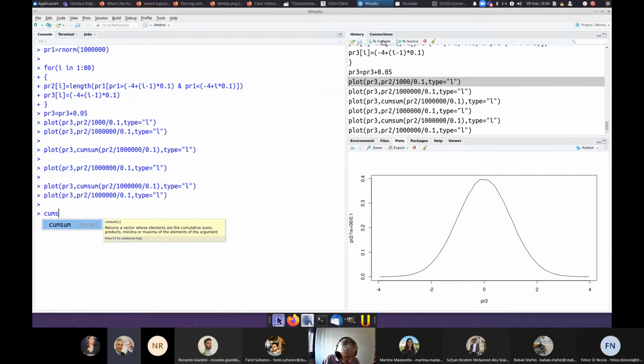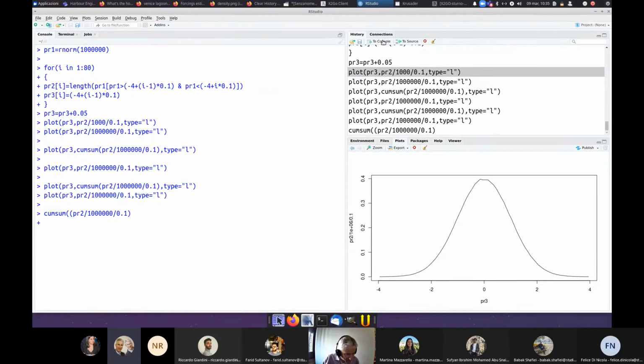Let me see, cumulative sum of PR2. Let me use a double parenthesis to make sure that 1 million, I think it's indeed 1 million, the length, and then I need to check if everything is correct.